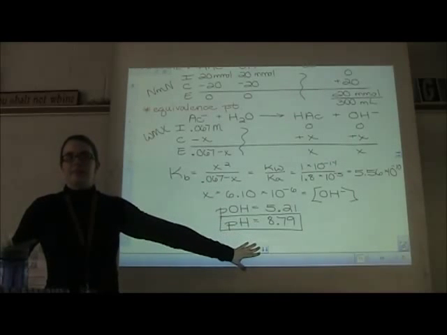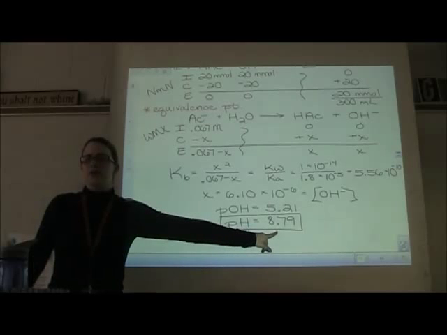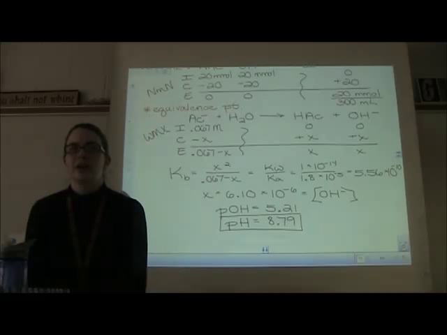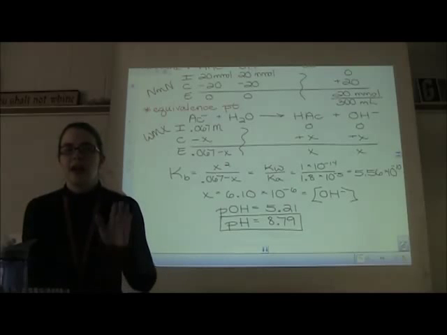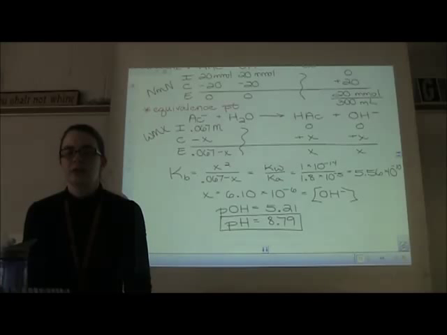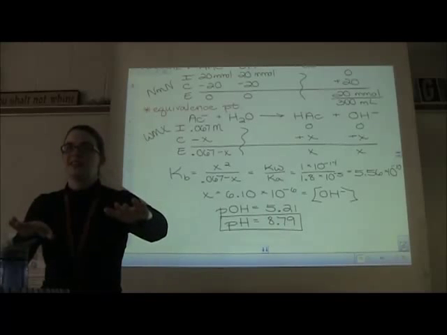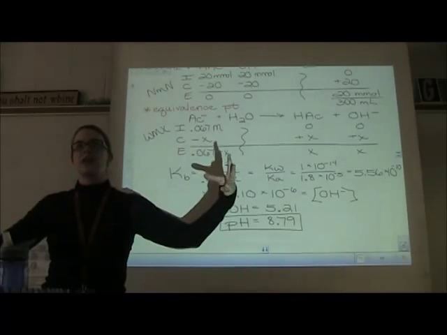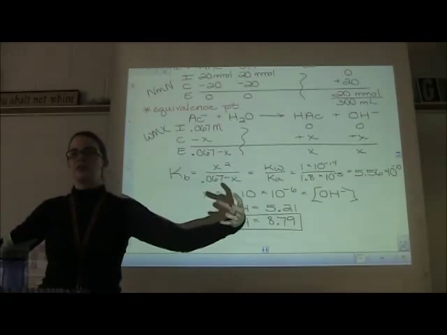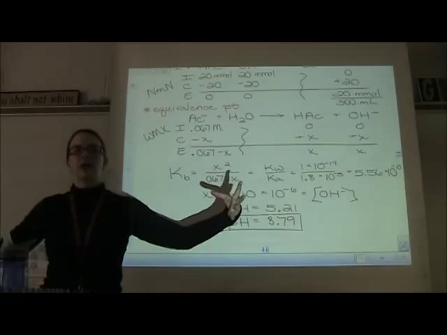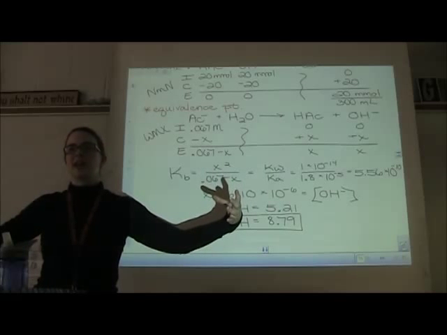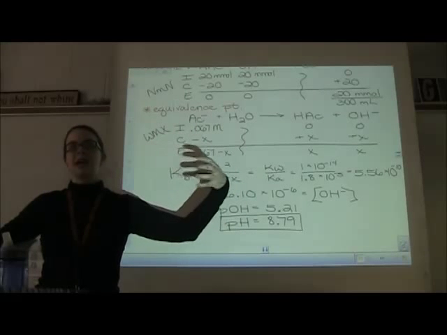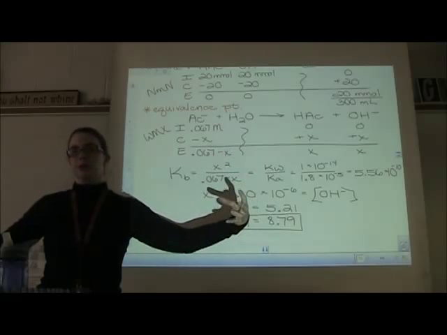Think about it. Is this in the acidic or the basic range? Basic. Think about the two things that you're adding together: a weak acid and a strong base. Who's going to dominate? The base. So even when their moles are equal, it's like having an equal number of people at the ends of a tug of war rope, except the weak acid side has a bunch of 8-year-old boys, and the strong base side has a bunch of bodybuilders.